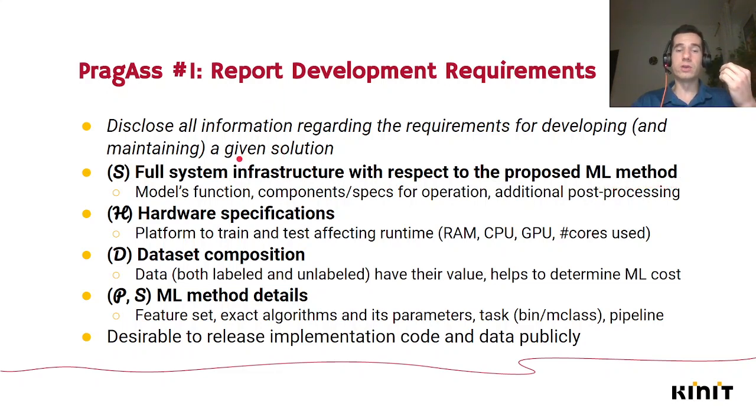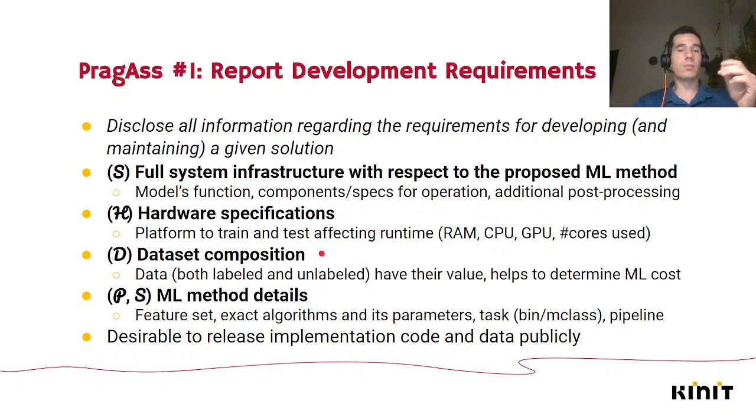What model do we use? What are the components, specifics, post-processing we use, and so on. We should disclose hardware specifications: what platform was used to train and test, what RAM did we use, did we use any number of CPUs, GPUs, number of cores, and so on. This is another thing we should consider reporting in our papers.